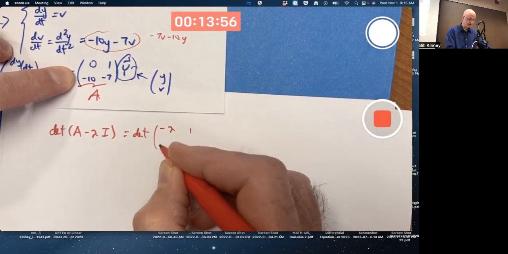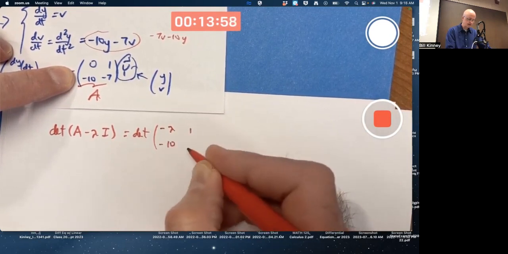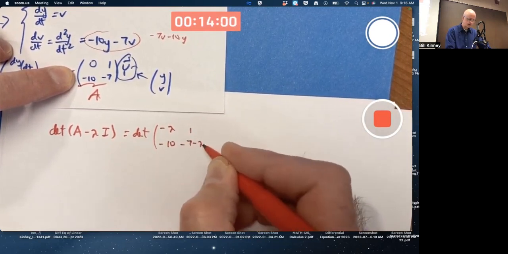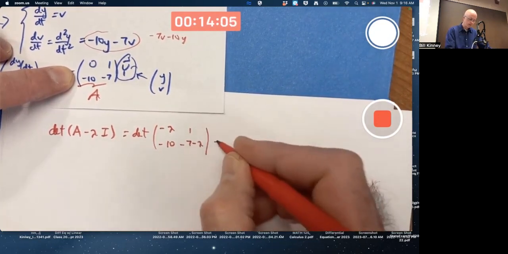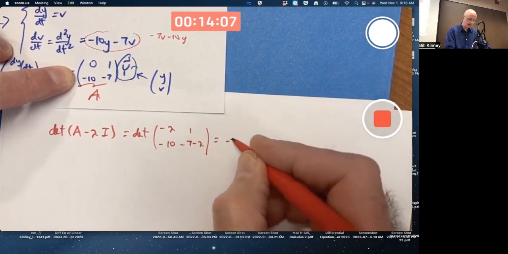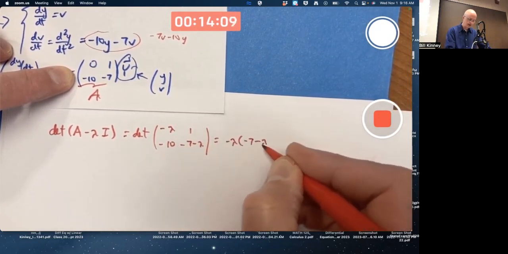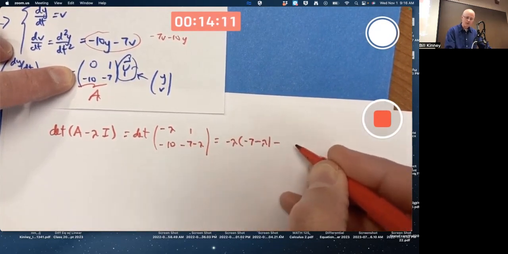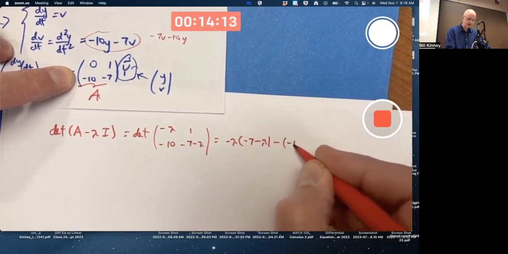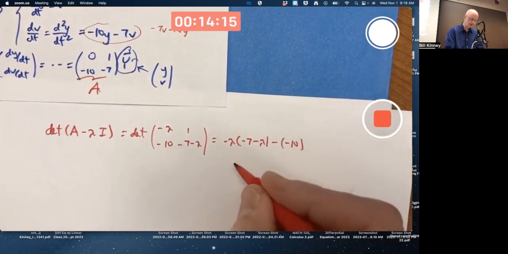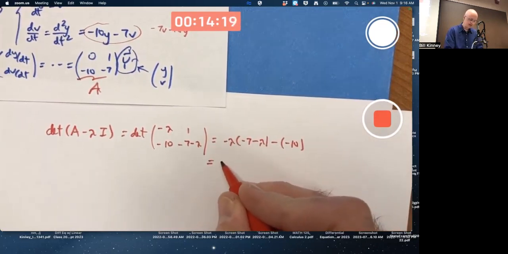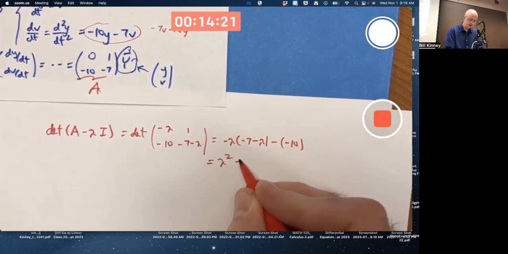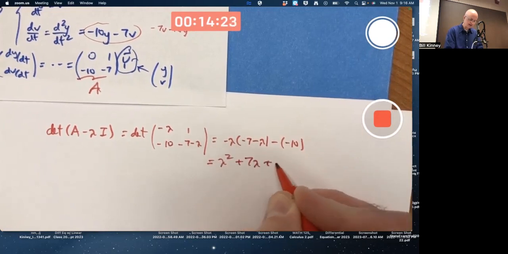The off diagonal entries stay as they are. We get negative lambda times -7 minus lambda, minus 1 times -10, which is minus -10, which of course then is plus 10. These negative signs go away because you get negatives times negatives. You get positive lambda squared plus 7 lambda plus 10.